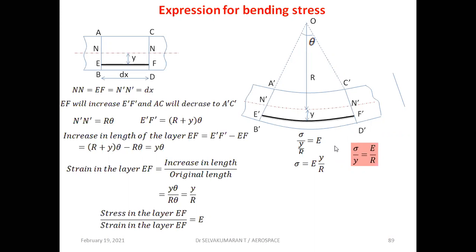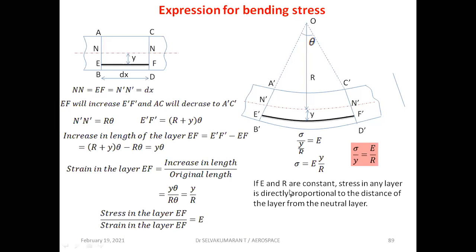So stress in any layer is directly proportional to the distance of the layer from the neutral layer. Here y is 0, so the stress is 0. As sigma is proportional to y to the power 1, the variation of the bending stress is linear. You can see the linear line.